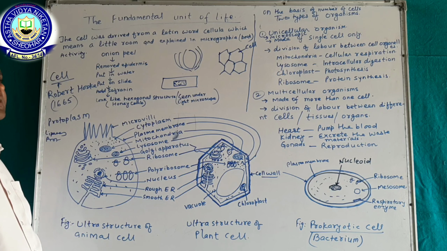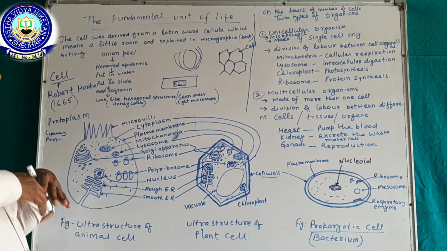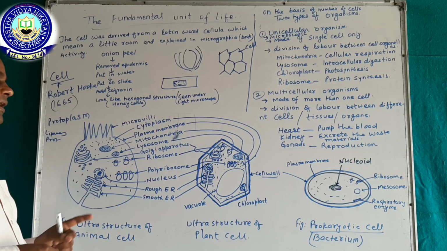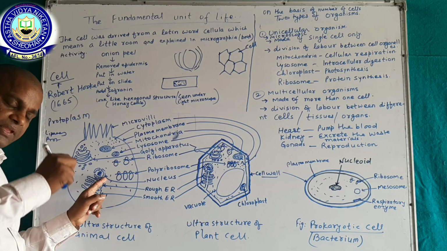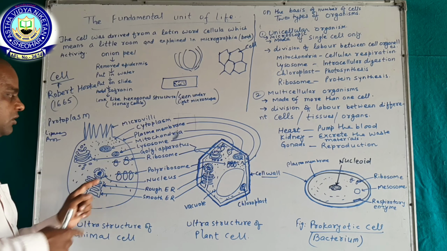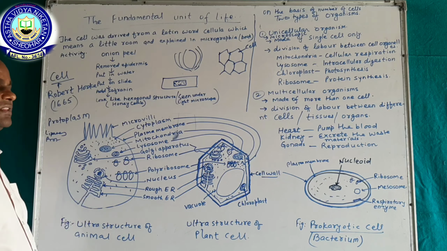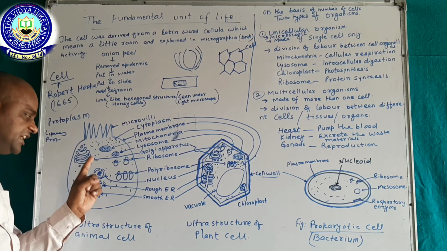The nucleus is known as the brain of the cell. Brain of the cell means the nucleus controls all the activities that happen in a cell.